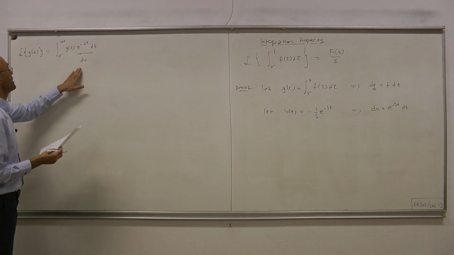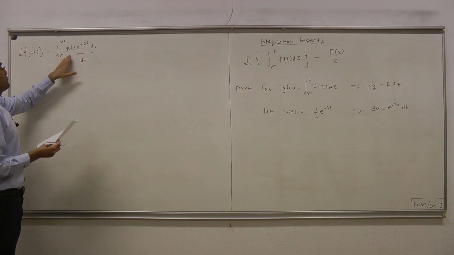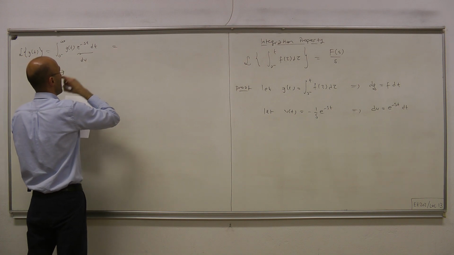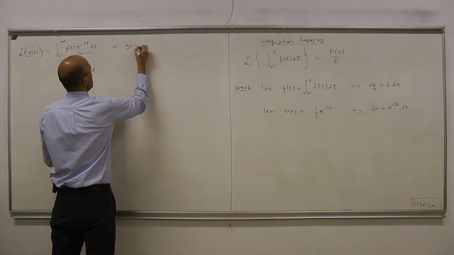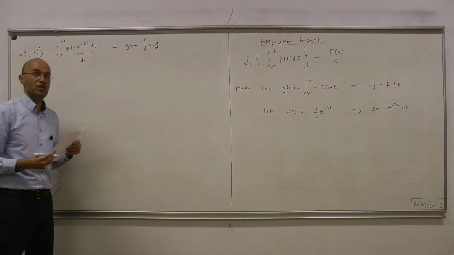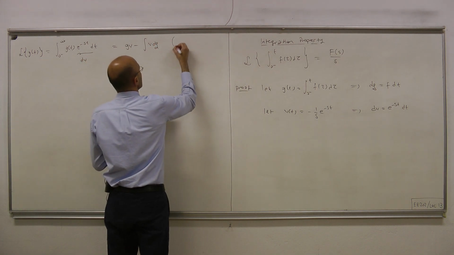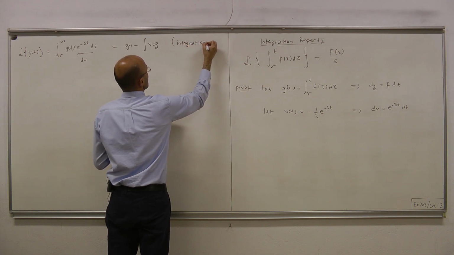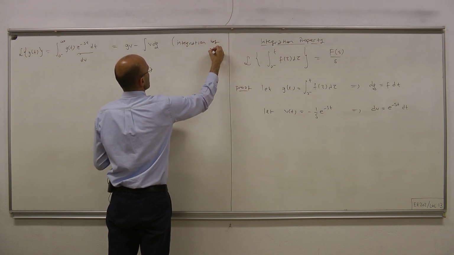Then what we have is the integral of g dv, and by integration by parts, this must equal gv minus the integral of v dg.